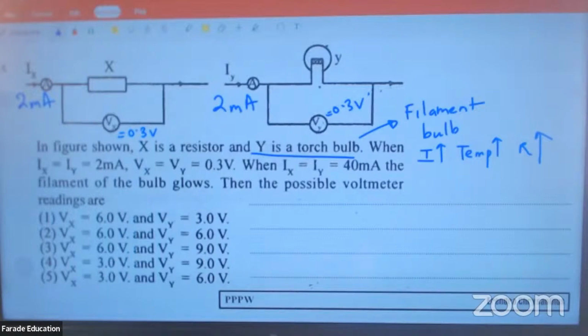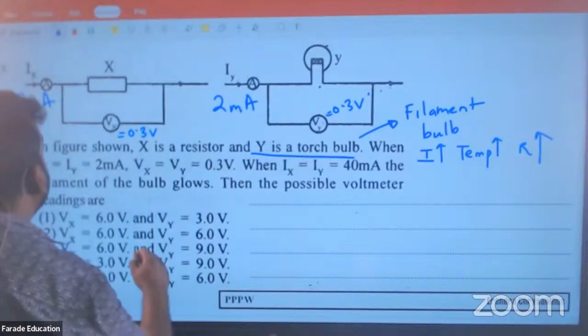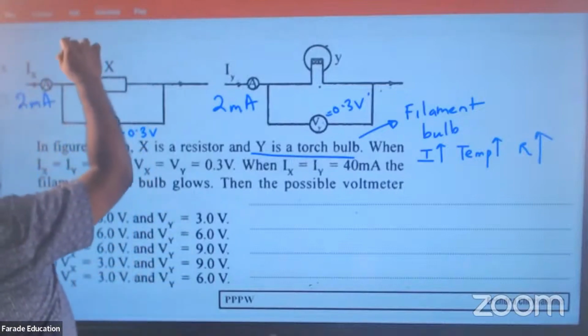When Ix is 40 milliampere, the filament of the bulb glows. Then the possible voltmeter readings are? Be careful, so be a bit smart here. This is very basic work.